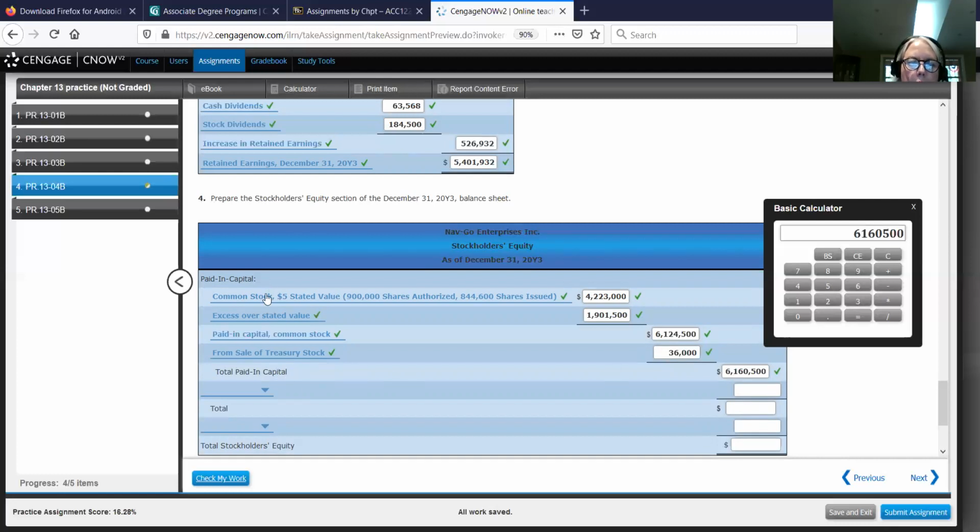What you have to do is figure your total paid-in capital first, and then we're going to add the retained earnings account to this. The retained earnings would come from the ending balance on our retained earnings sheet that we previously did. The retained earnings ending balance is $5,401,932. And then we're going to total our paid-in capital plus our retained earnings.